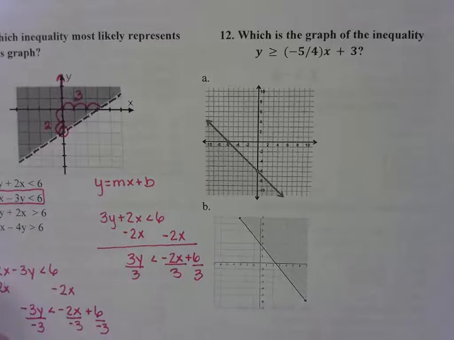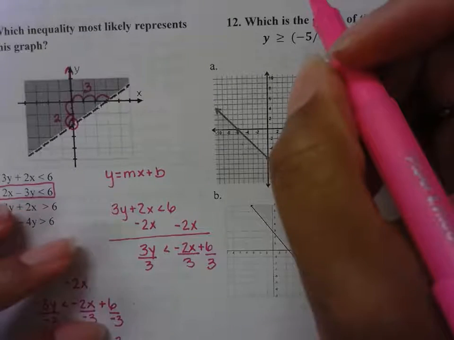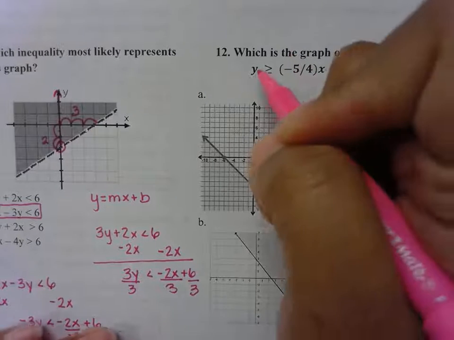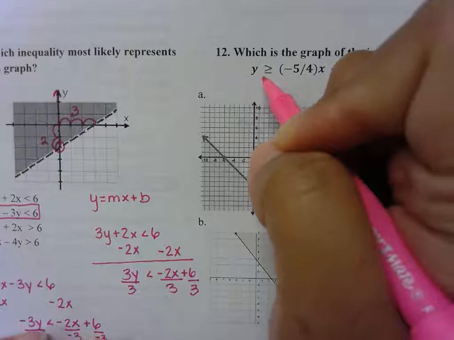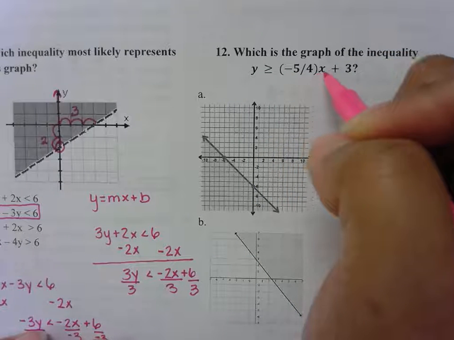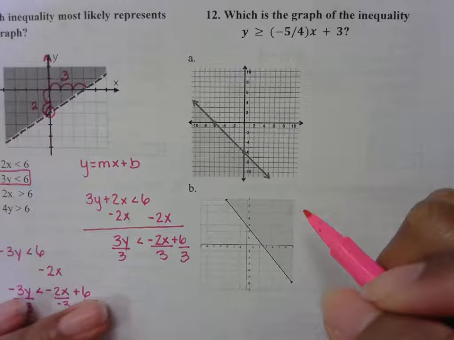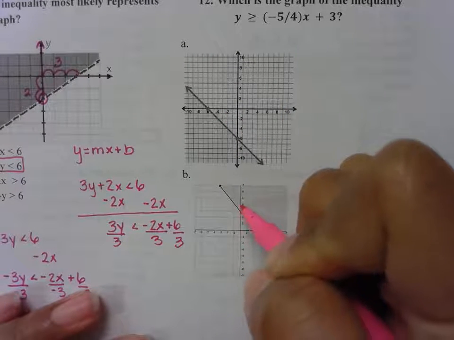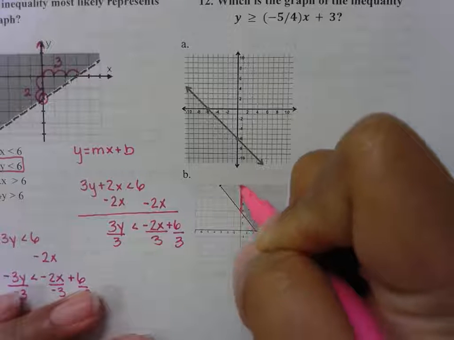So if we recall what I just mentioned in questions 10 and 11, by simply looking at it, you can eliminate an answer choice. So we only have 2 for number 12, and it says that y is greater than negative 5/4 x plus 3. So in which graph is the shaded area greater than the line? So we're looking for y is greater than that line. So in B, we see that y is increasing.